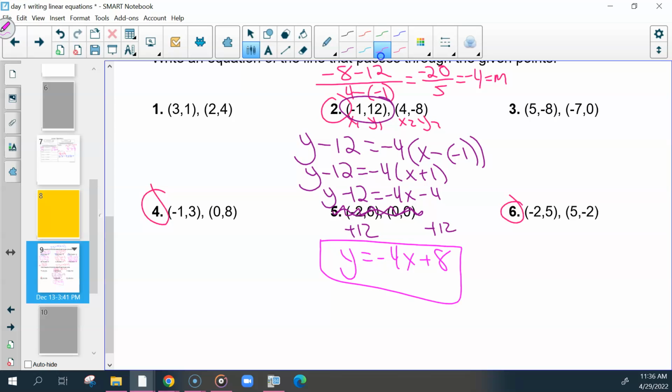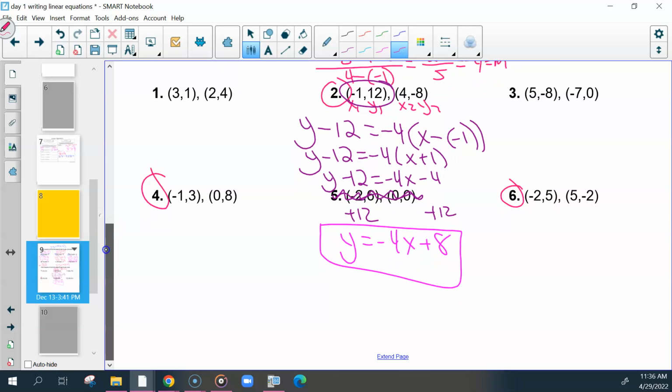What questions do we have on that before we do another? We're going to do two more, number 4 and number 6, and then you will have time to practice. Number 4, we still need to find our slope, but you recognize what this is.